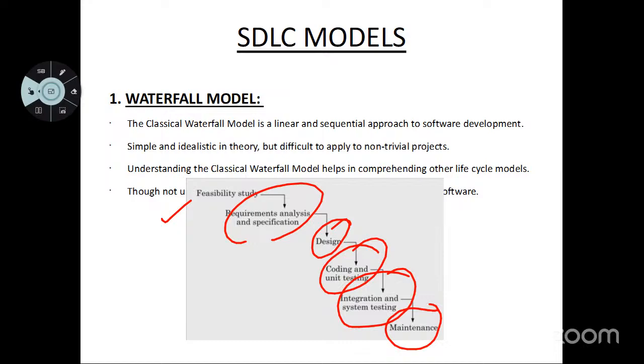So what are you doing, or what are you about to do, in a feasibility study when you are doing a project? You might have your own ideas for projects.